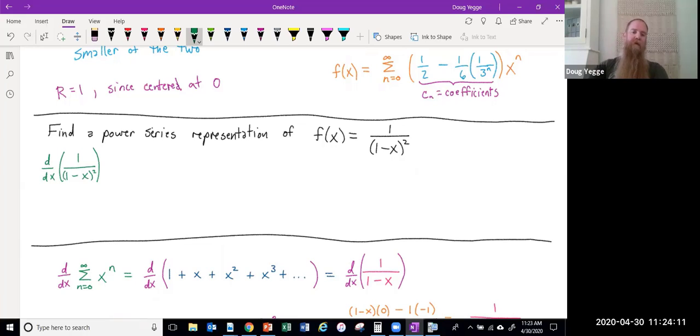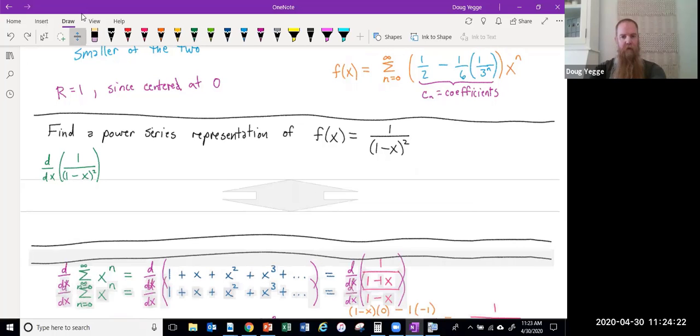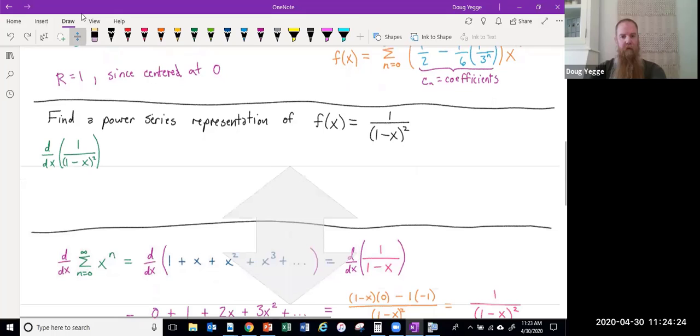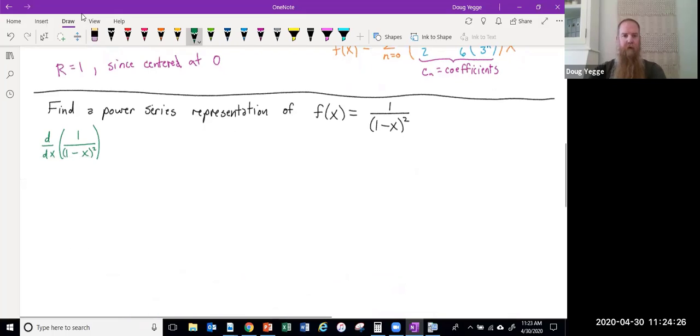Okay, well, that's the derivative. So this is the derivative of 1 minus x to the negative 2.